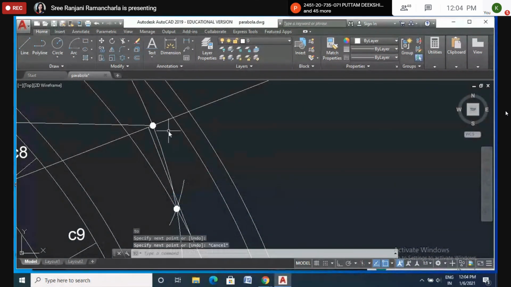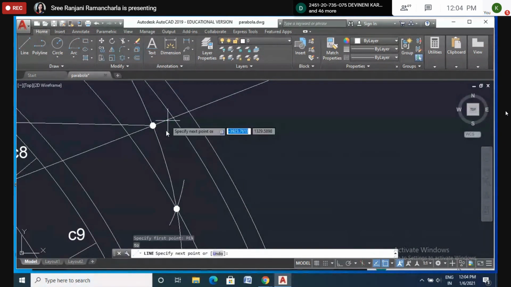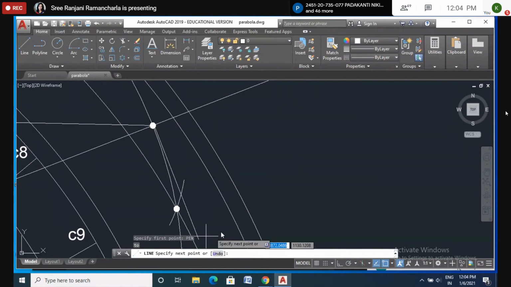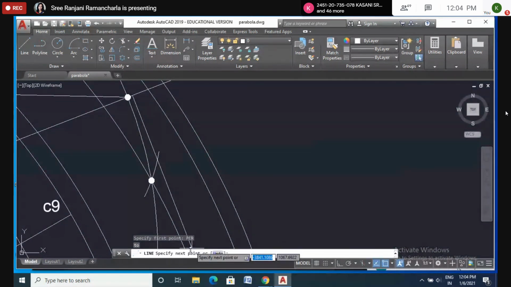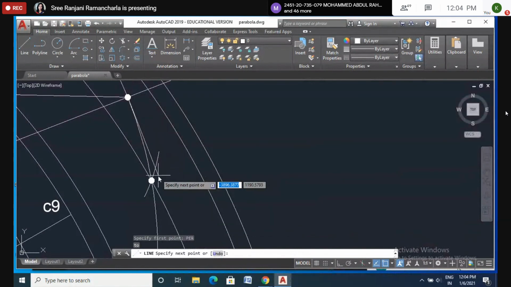Wait. Can you see the green cross mark at the bottom portion? It is said if it shows, it will select there only, so we won't get exactly that point. So I will take a small one first, then later I will extend that part.